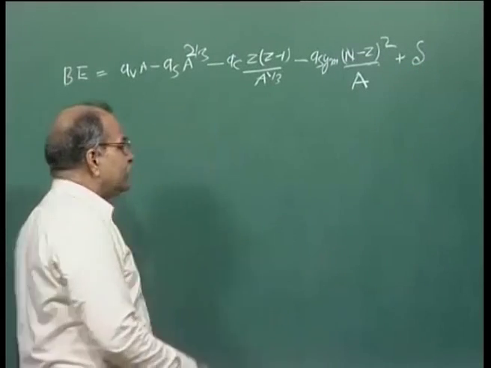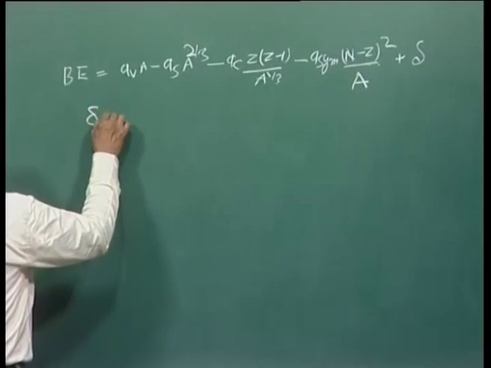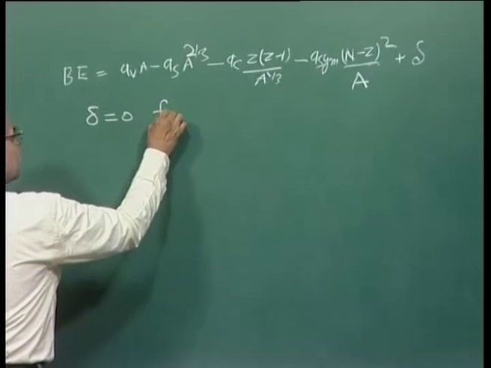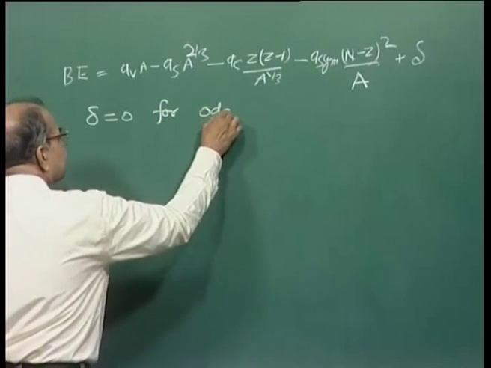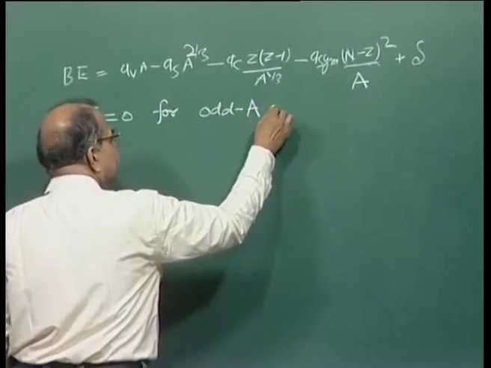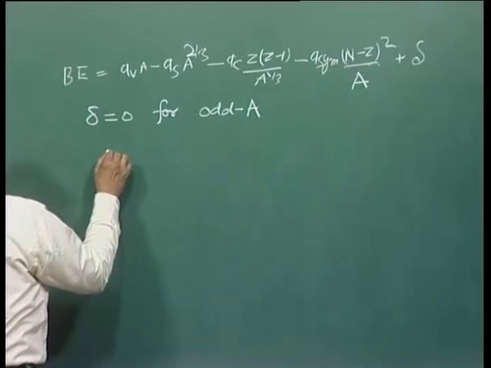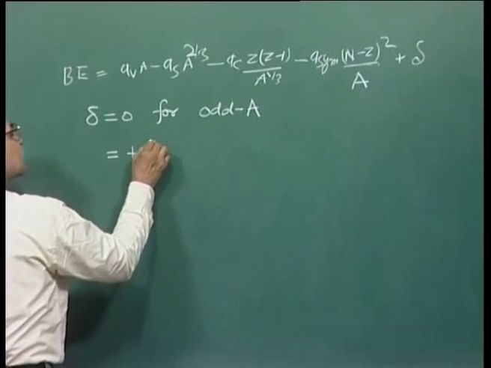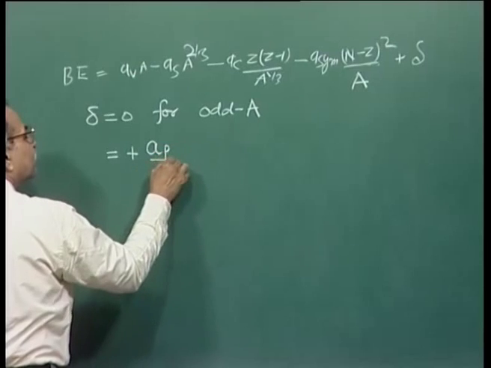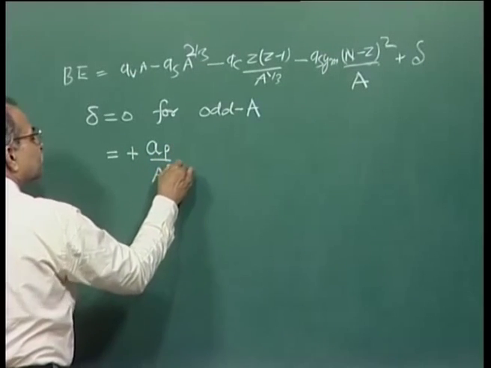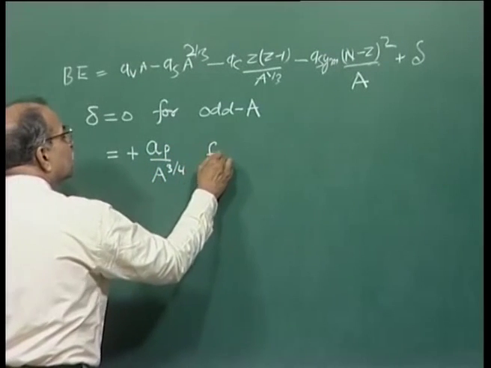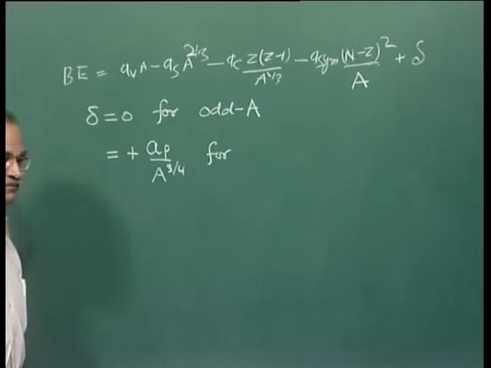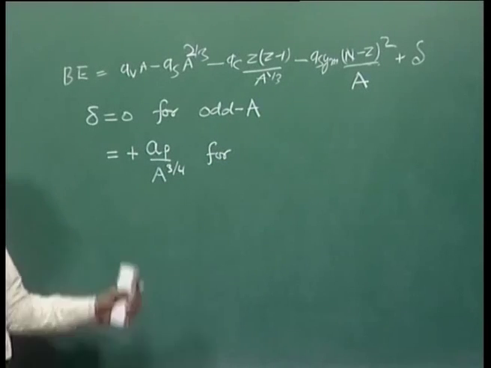This delta is 0, yes, for odd a nuclei, and this is plus AP a power 3 by 4 for even. This is binding energy.